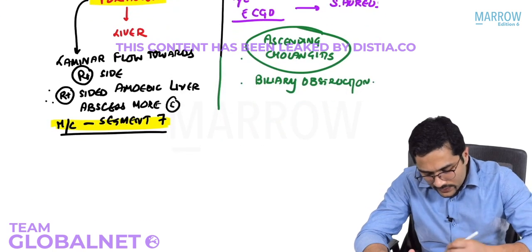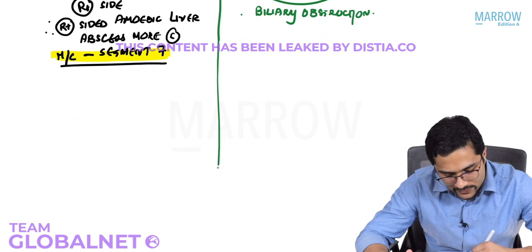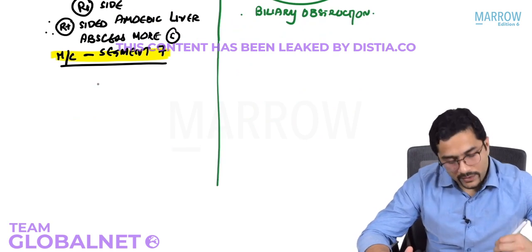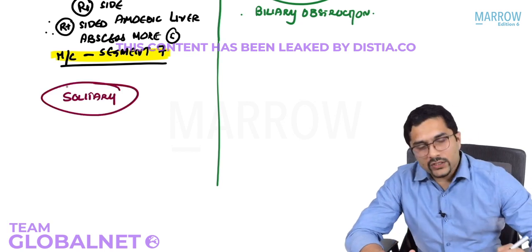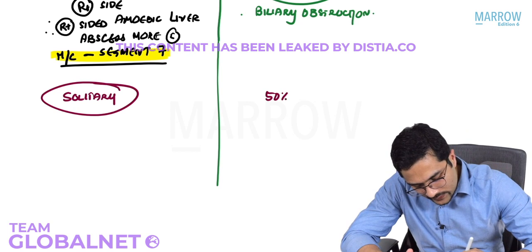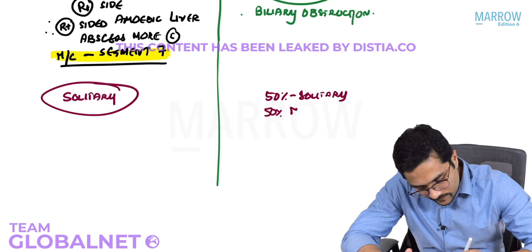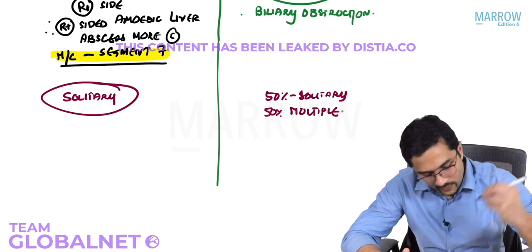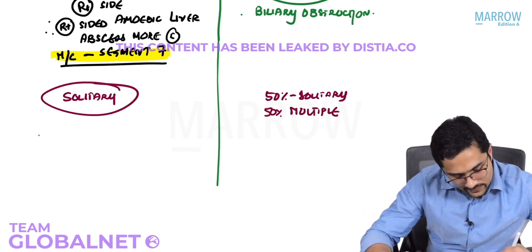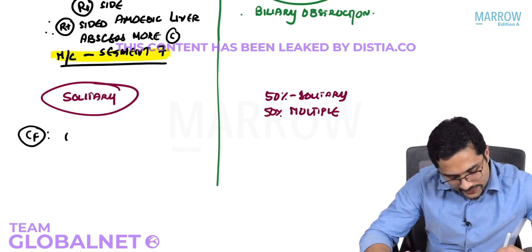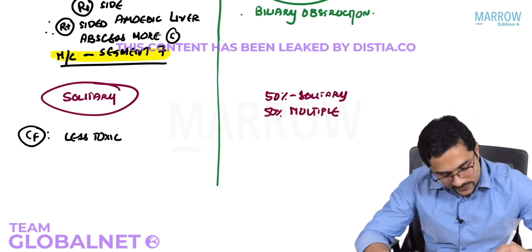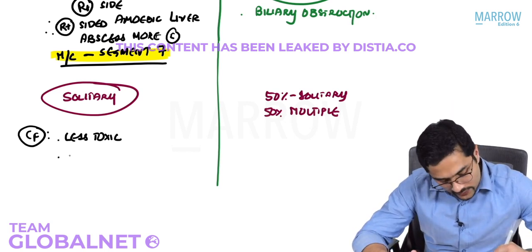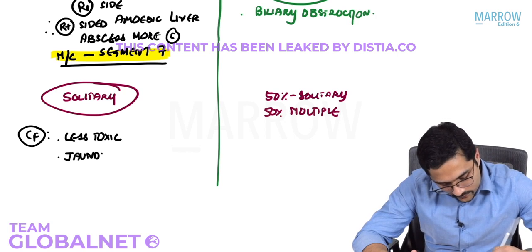Now the other differences between these liver abscesses. Amoebic liver abscesses are usually solitary. Pyogenic liver abscesses are 50% solitary and 50% multiple. If we talk about the clinical features, the patient is less toxic in an amoebic liver abscess, and the chances of jaundice are low.